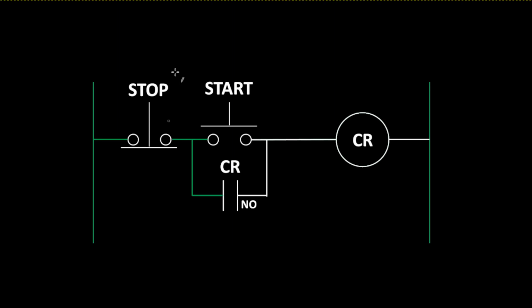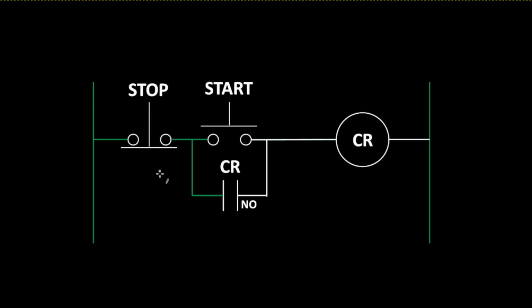So stop push buttons are always normally closed out in the field. The start push button is always normally open in the field. So when we look at this particular circuit, we know that there's power flow capable of flowing through this stop push button because it's closed.